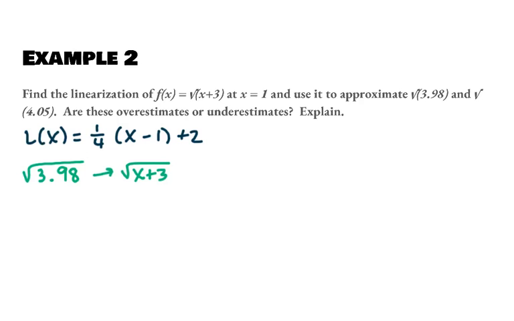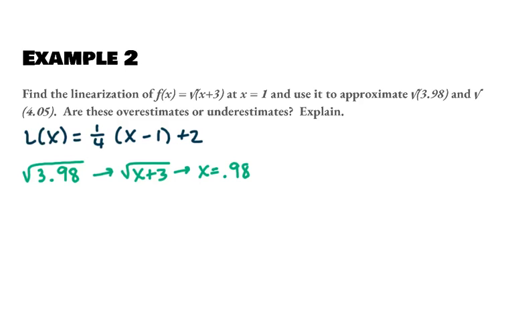So what really is our x value? Our x value is not 3.98. It's whatever I added to 3 to get 3.98, which in this case means I'm really using an x value of 0.98. And that's the step that a lot of people get a little turned around on.